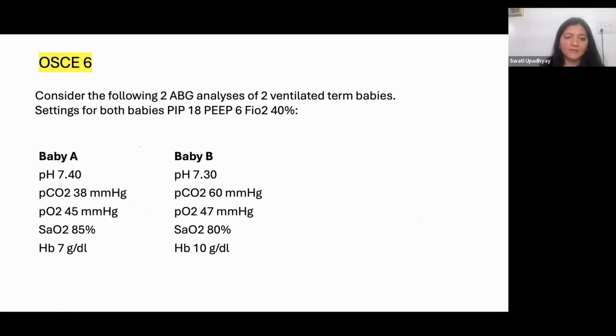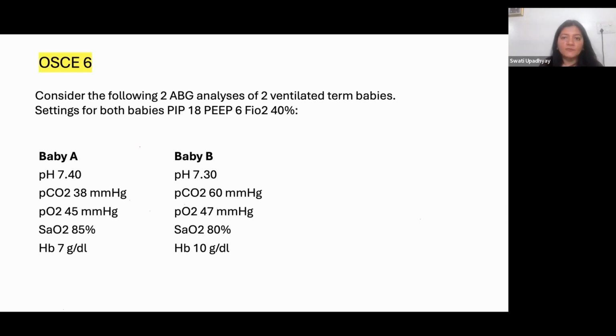Baby A has a pH of 7.4, PCO2 38, PO2 45, and SaO2 of 85%. Hemoglobin is 7 gram per deciliter. Baby B has a pH of 7.3, PCO2 of 60, PO2 of 47, SaO2 of 80%, and hemoglobin of 10 gram per deciliter.